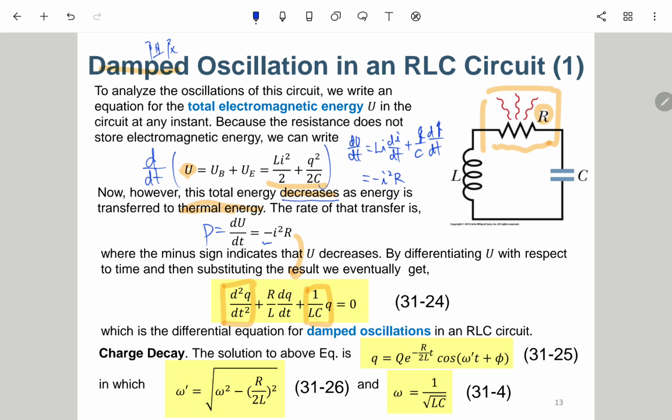Change of variable means we would like to replace I by dq/dt.